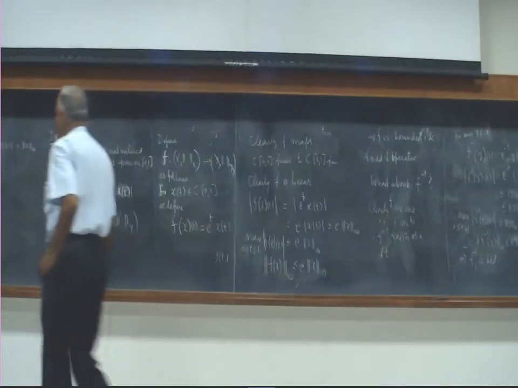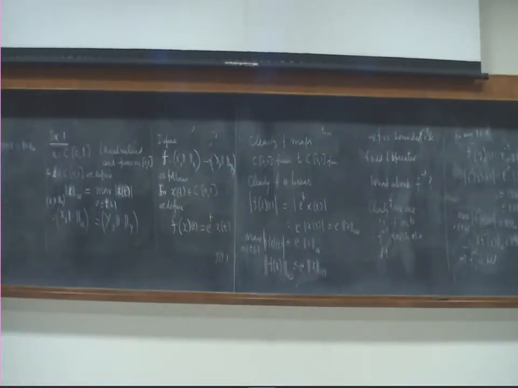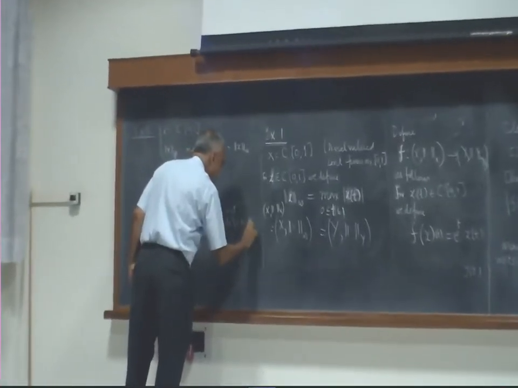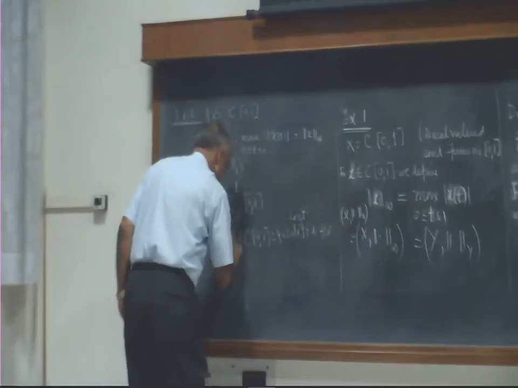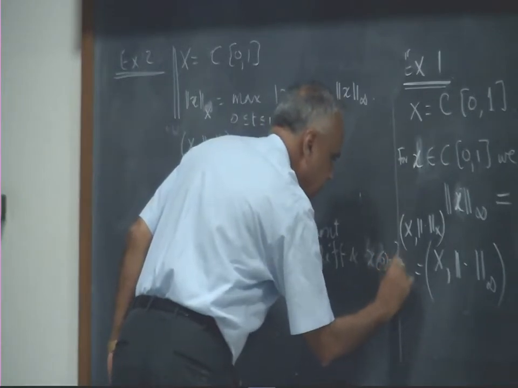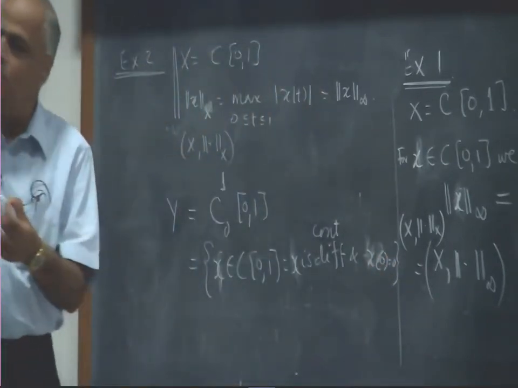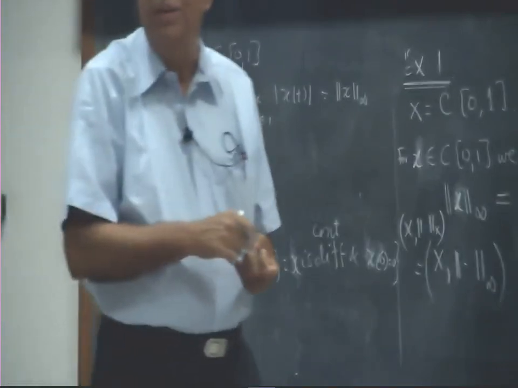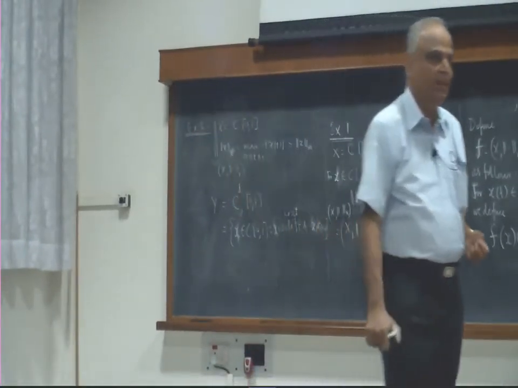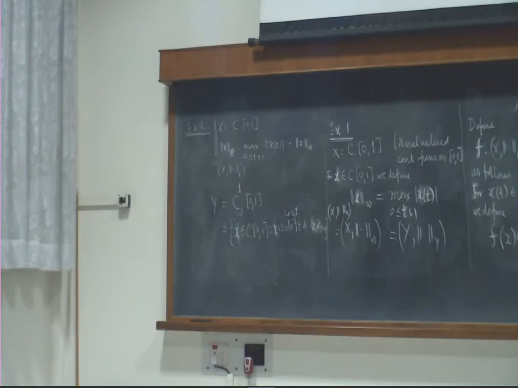So I am going to look at Y to be C1, the space of all those functions which are first of all continuous, continuously differentiable, and with x0 equal to 0. They are all those paths which start at the origin at time t equal to 0, and then they are nice smooth paths. They are differentiable paths, so that the tangent is defined at every point.